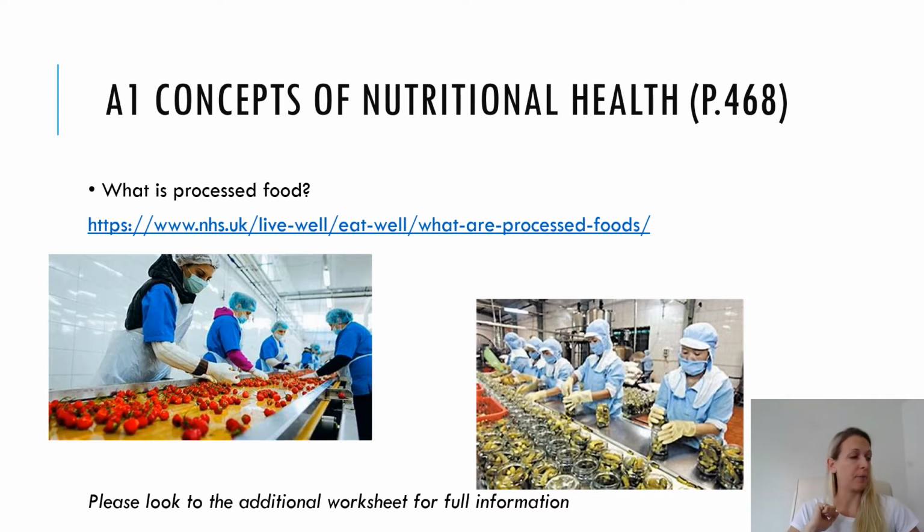Nudge, nudge, wink, wink. Curing food, all the salt. Sticking loads of salt on it to kill off all the nasties for it to last longer. But again, obviously it's got lots and lots of salt in it. Jams in a jar, lots of sugar to keep it fresh for longer. Smoking food. So you might have heard like smoked salmon, stuff like that.